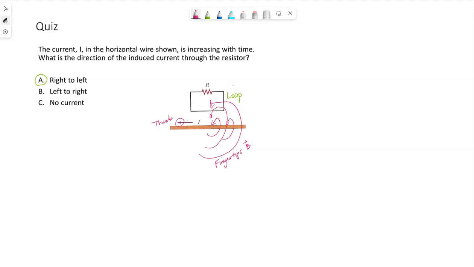Ultimately, what that means is B of the wire up here in the region where the loop is located points into the screen. This B of the wire is the external magnetic field.